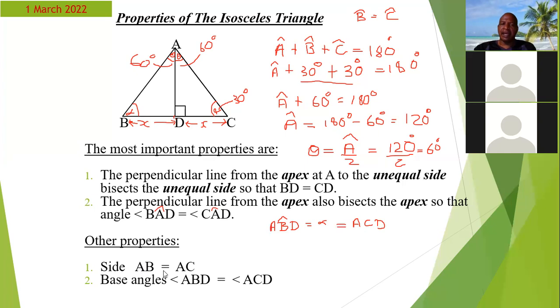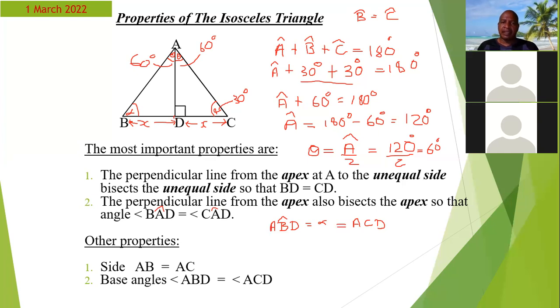Those are the equal sides of the isosceles triangle. Now, the base angles, as I mentioned before, would be ABD and ACD, and those angles are equal. So these are the properties that you must bear in mind when you're working with an isosceles triangle.